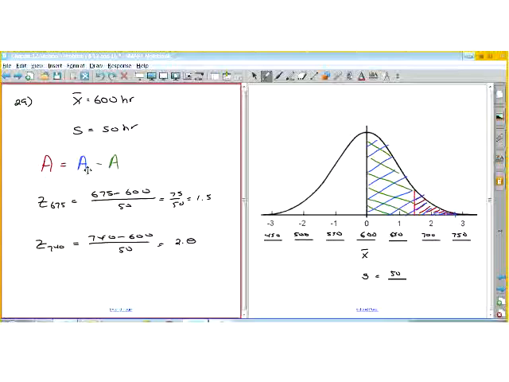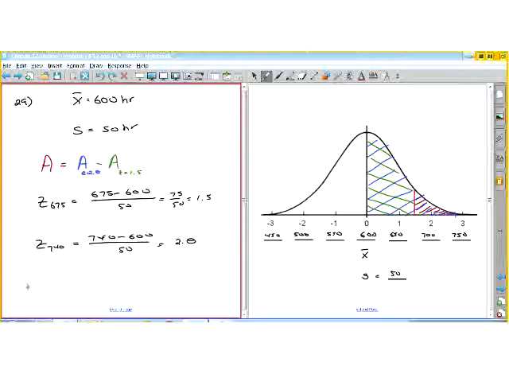The blue area is for a z equal to 2.8, and the green is associated with z equal to 1.5. Again, I have the table which bases the area going from the mean to some z-score. But this is between two z-scores, so I have to do from here to there and subtract from there to there to get the in-between.